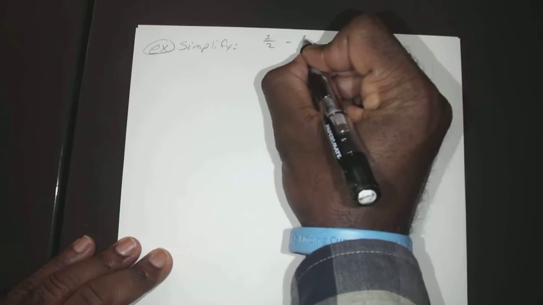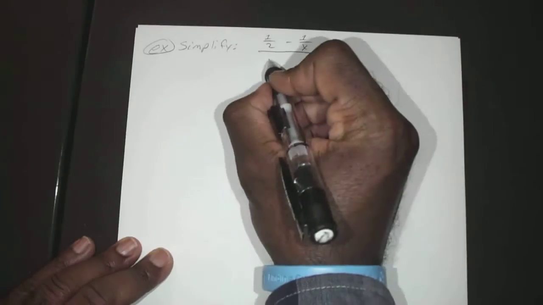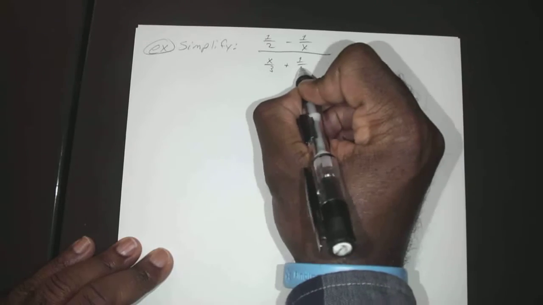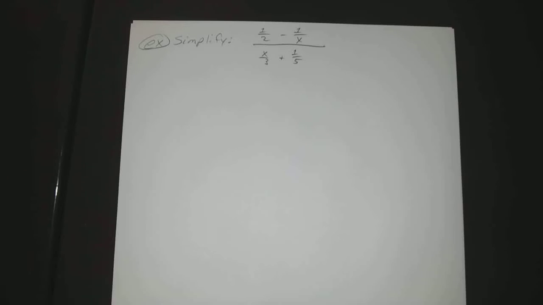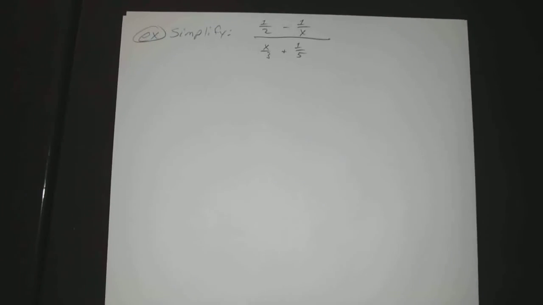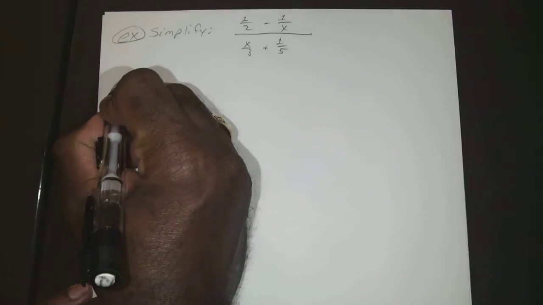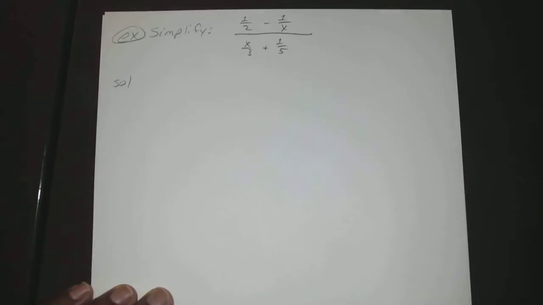Say 1/2 minus 1 over x divided by x over 3 plus 1/5. All right. So for this one, since you have 2 fractions in your numerator and 2 fractions in your denominator, you actually have to do step 1.